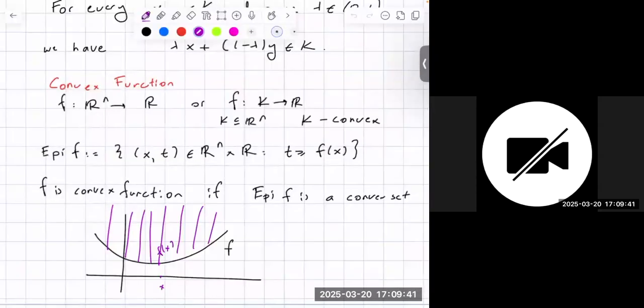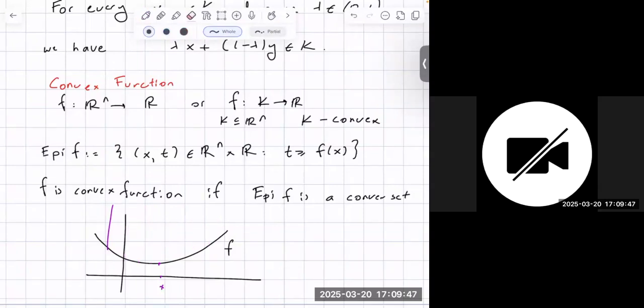Okay, so this is a convex function. And there is an equivalent way of giving the same definition, which I personally find more intuitive. Let's say I took an x here, this is f(x), and I took a y, which is here, f(y), and I draw a line segment between them. The line segment stays above your graph.